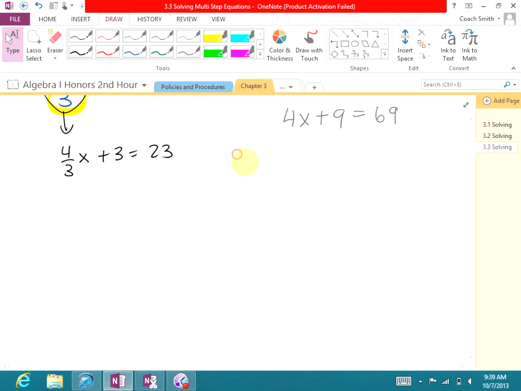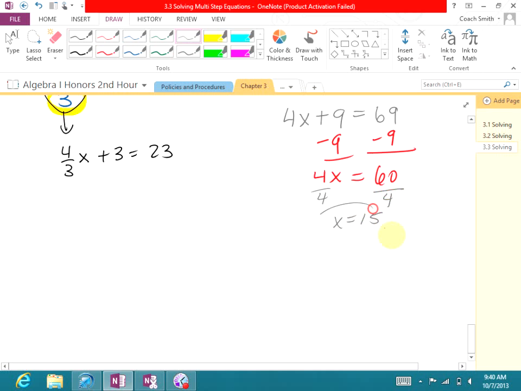And I'll show you both ways. If I'm over here with the 4x plus 9 equals 69, then I simply, to start solving it, subtract by 9 to both sides. 69 minus 9 is 60, which is equal to 4x. Here I divide by 4, divide by 4, x is equal to 15.